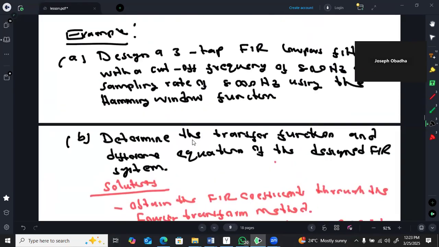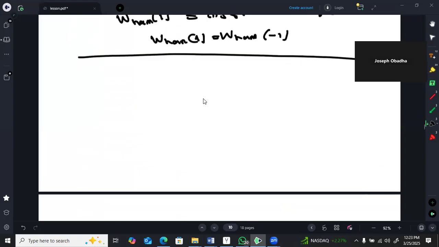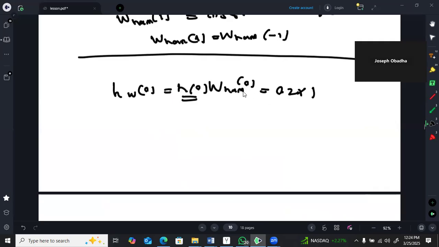Like in the Fourier transform method, we had found H0 to be 0.2. So we basically have the filter coefficients HW0 equal to H0 from the Fourier transform method, because it is what we are windowing. So we multiply it by the corresponding window function, W Ham 0 also. So we have 0.2 multiplied by 1, because W Ham 0 is equal to 1. So you get 0.2.